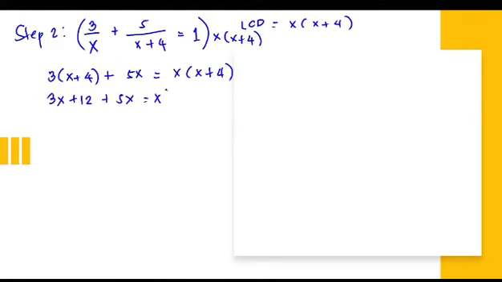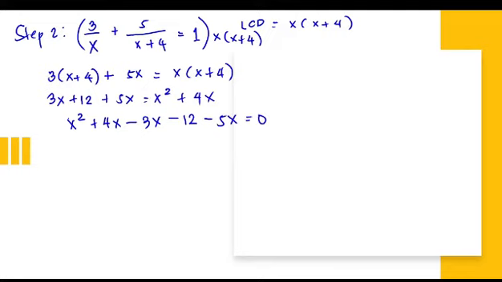We have x squared plus 4x. And then, arrange lang natin. So, dito na lang tayo maglipat to the right para positive yung x squared natin. So, this is x squared plus 4x minus 3x. Nilipat ko. Minus 12 minus 5x equal to 0.